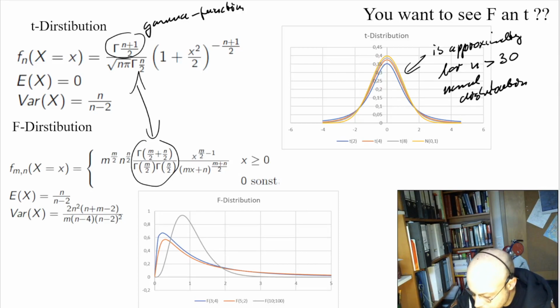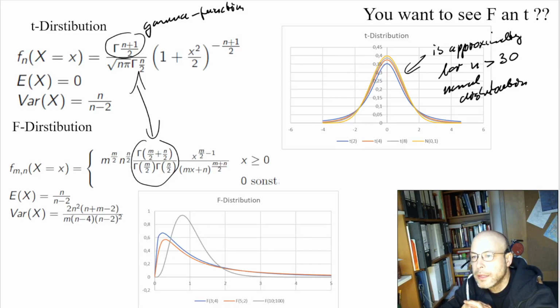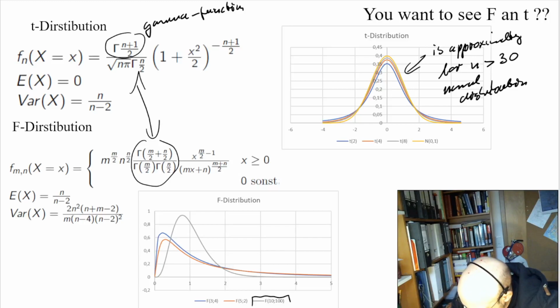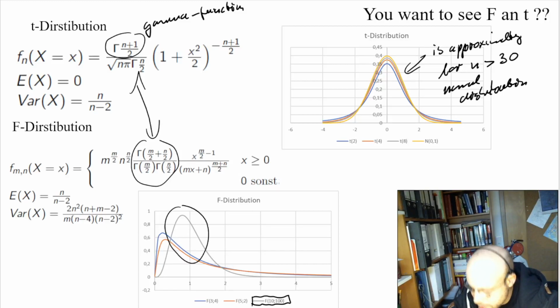And you see here that the F distribution is not symmetric, but if we take large numbers for n and m, then the shape of this non-symmetric distribution also moves to the normal distribution. So what we see here also graphically is the central limit theorem.